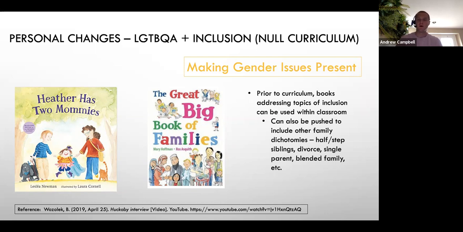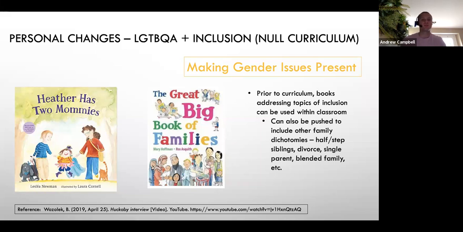Now, even though the focus, let's say Heather Has Two Mommies, of course, is the idea of a modern family, as we'll call it, of two women raising a child, we're making those differences less different. We're exposing students to it, but we can also look at it through other dichotomies. We want to be inclusive of perhaps students that have two mothers, two fathers, but it also opens the door and we can discuss ideas such as a blended family or a single parent.